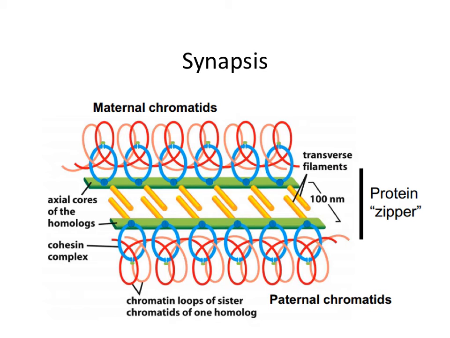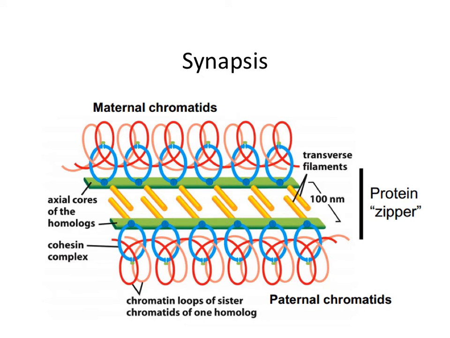Then the two sister chromatids from your dad do the same thing; they're closely intertwined and also connected to an axial core. The synapsis comes from the zippering up, using these proteins, of those two axial cores. So you make a protein bridge between one dyad, two sister chromatids, and the other one. That's what holds all four of those things together in a tetrad of meiosis 1, metaphase 1.